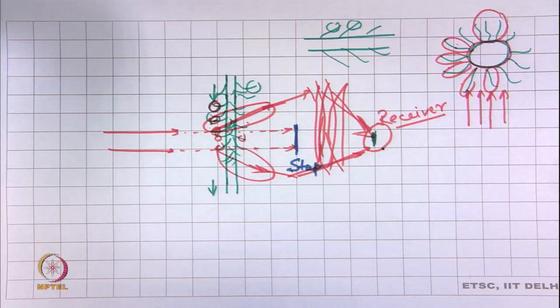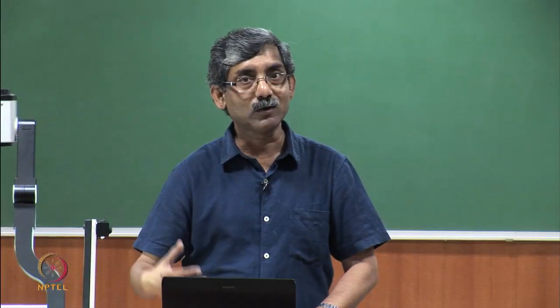So the quantity of light received by the receiver is proportional to the total length of hairs projected.